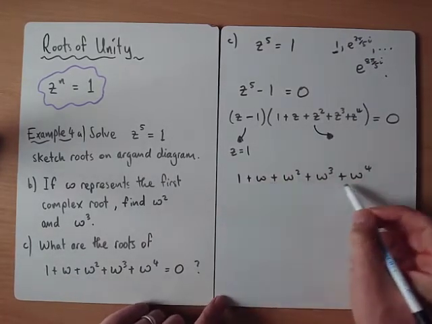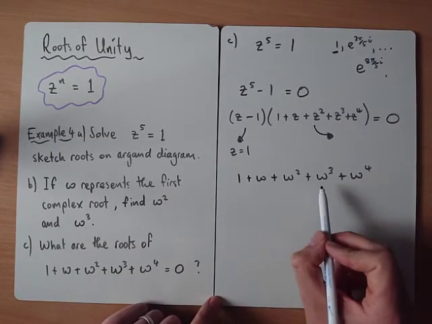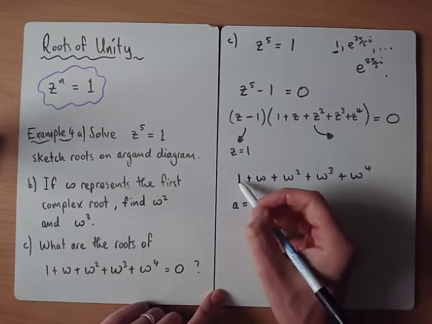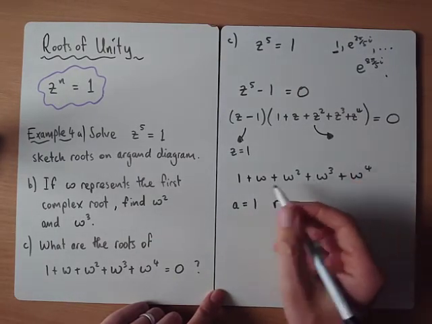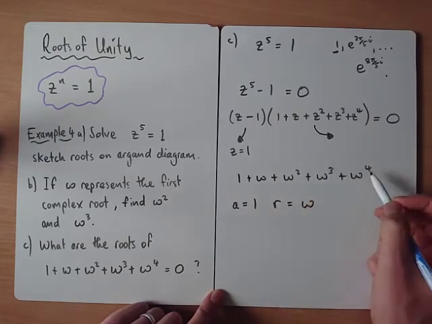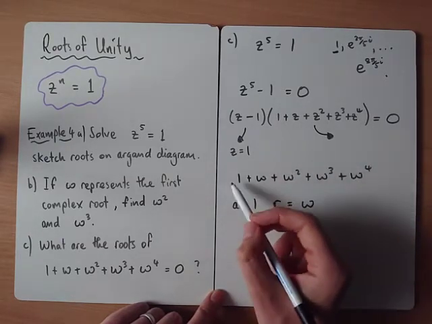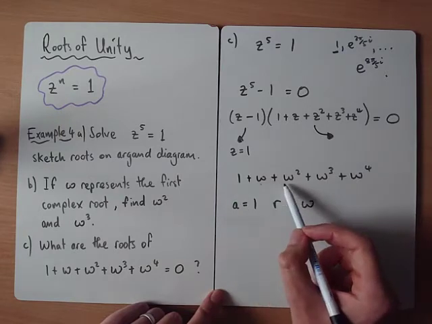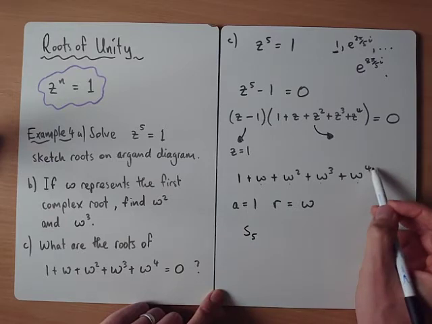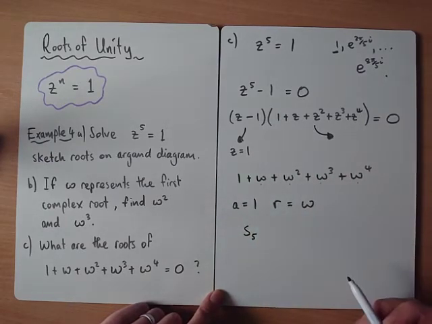Now if you focus on this expression, that's a geometric sequence. The first term in my sequence is 1 and the common ratio is omega, because I'm multiplying by omega each time. And what we're being asked about here is equivalent to the sum of the first 5 terms of a geometric sequence.